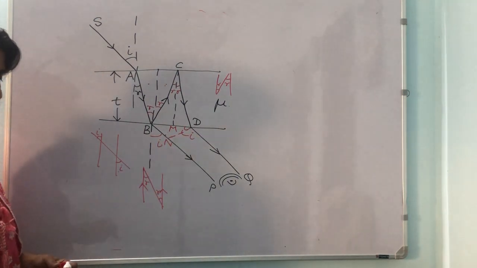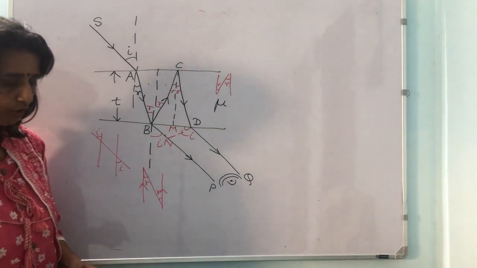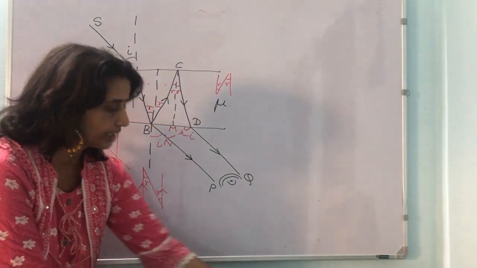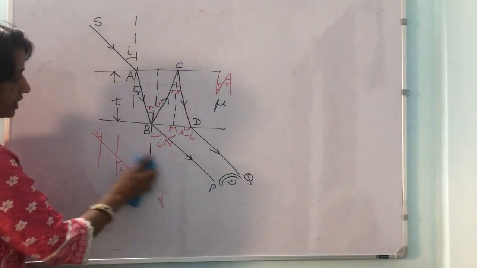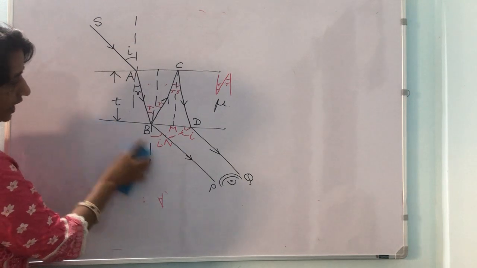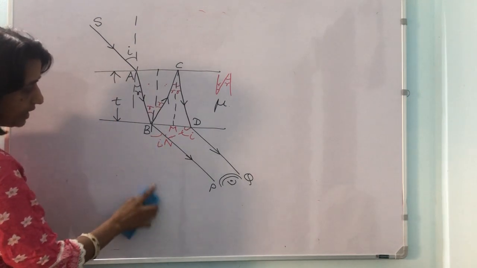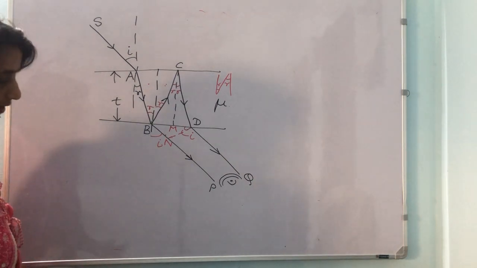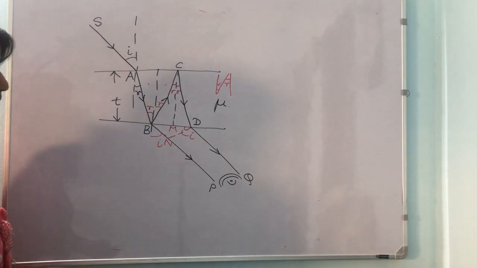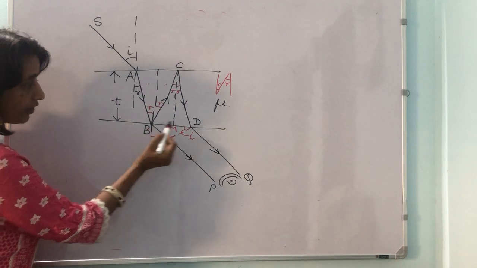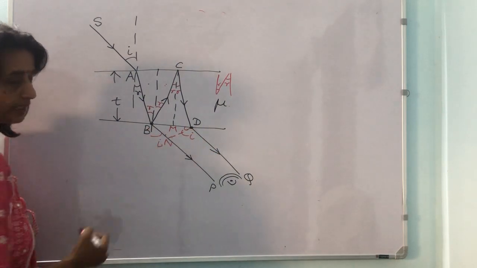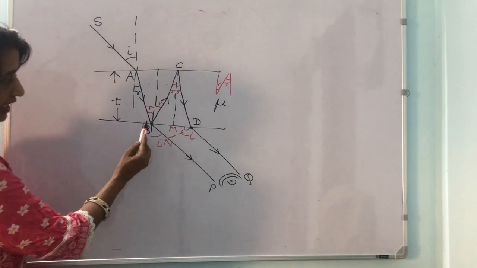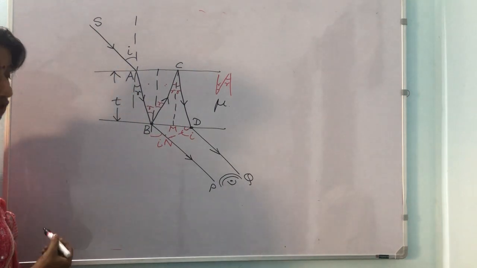Now we begin to find an expression for path difference. Now path difference will be path travelled inside the media minus path travelled in air. And path difference begins from coherent sources, that means those sources that have been derived from the same source.